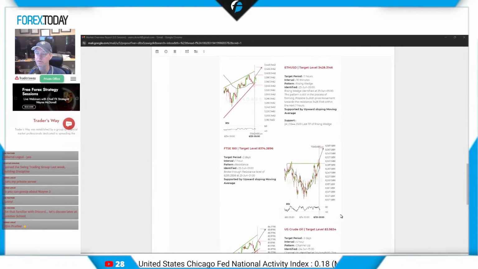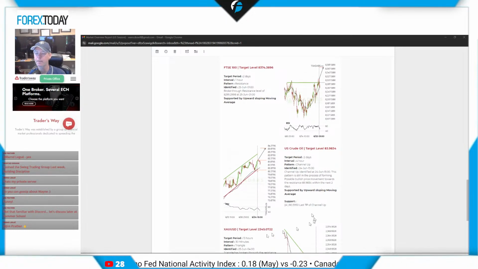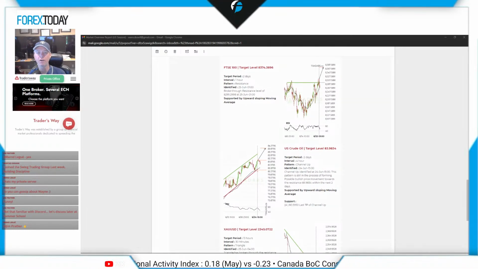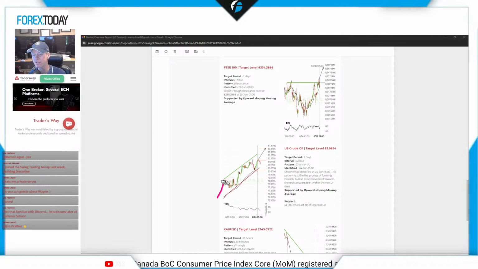These are just setups. FTSE, maybe a recovery. Oil. Okay, oil. Are you a bull in oil? I'm a bull in oil. Okay, you could see back in around 76, this trend started to develop in oil. And the theory is this could go up, the next move would take us to 85.